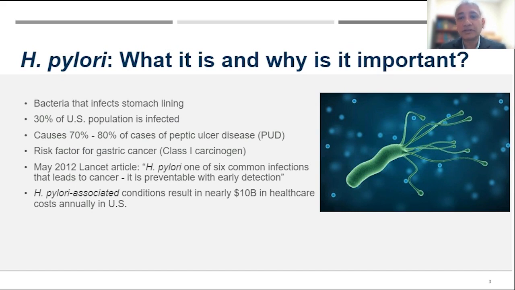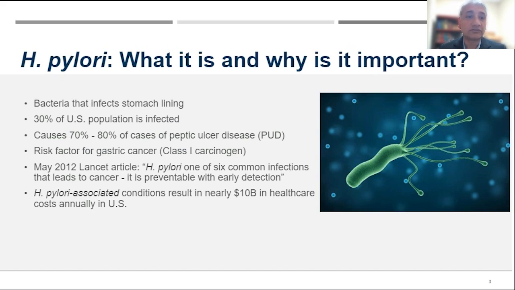H. pylori can survive for prolonged periods in the lining of the stomach, where it can cause chronic inflammation. As a result of this chronic inflammation, a host of disease states can emerge.